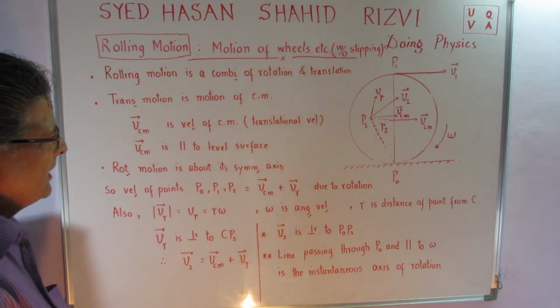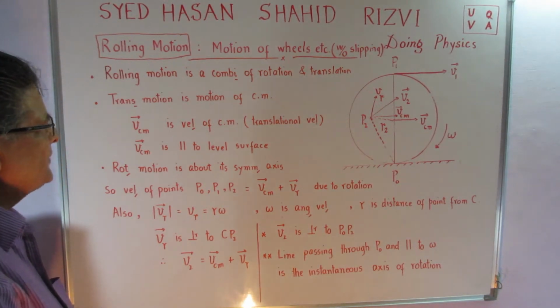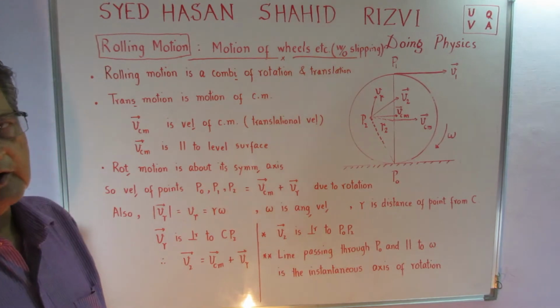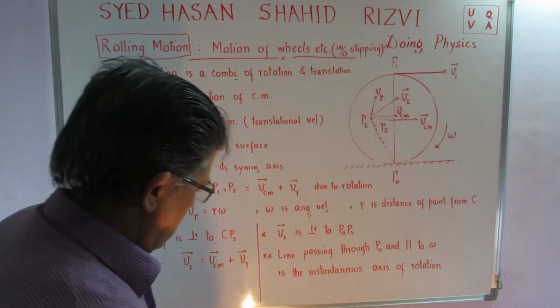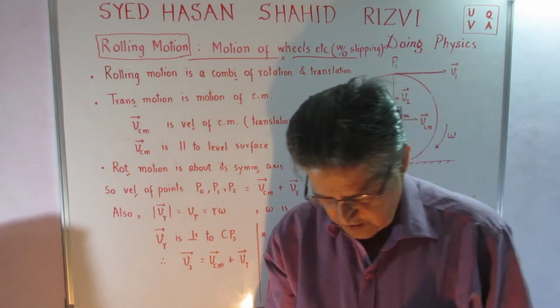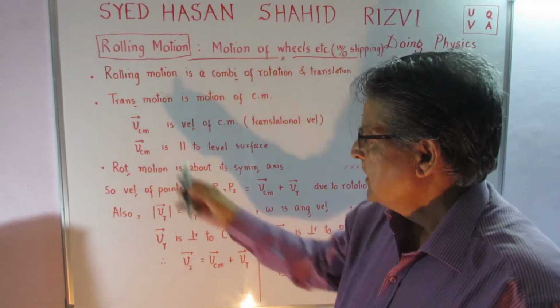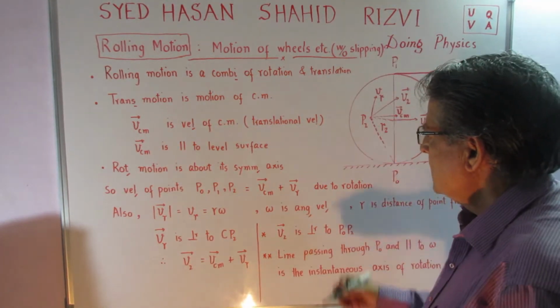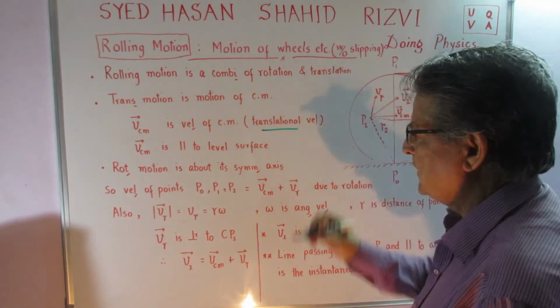The translational motion is the motion of the center of mass of the body, and this motion is depicted in the velocity of the center of mass, V center of mass, which is the translational velocity of the body.